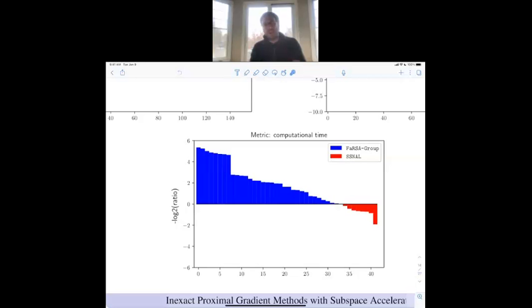So if you have problems where the data is significantly larger than the number of optimization variables, then you absolutely, definitely should use our method, no doubt. If you have a problem where there's less data than variables, so you don't have that much data maybe, then we would definitely recommend you use their method in that setting.